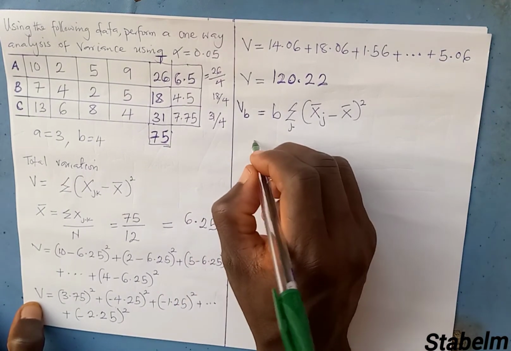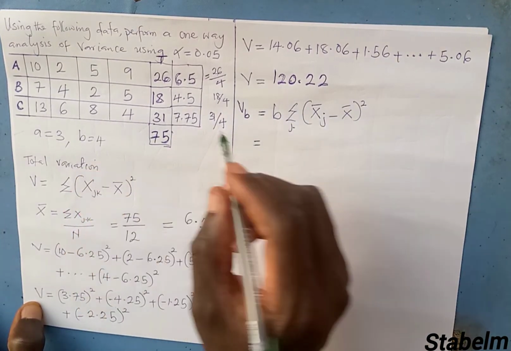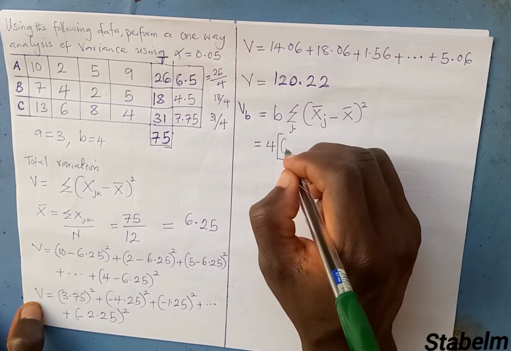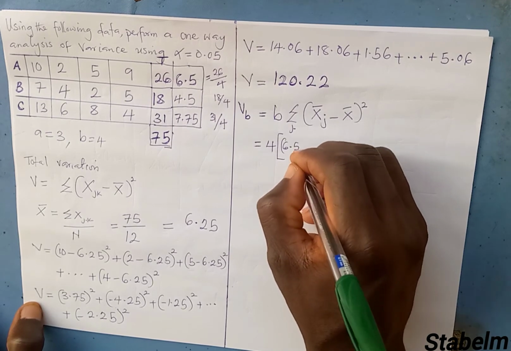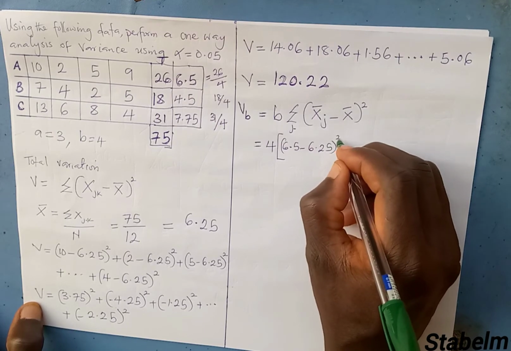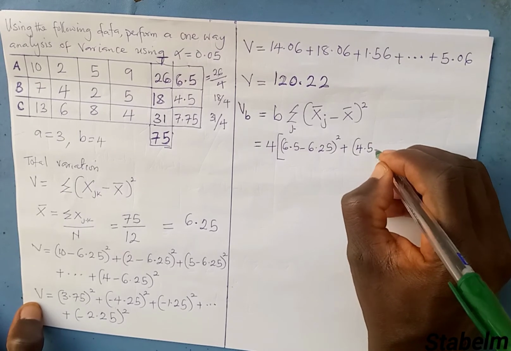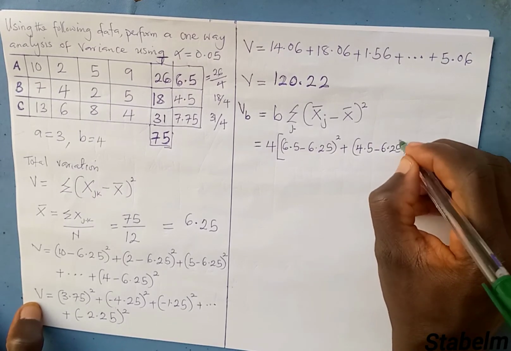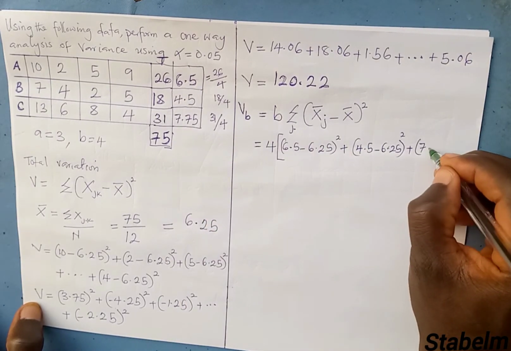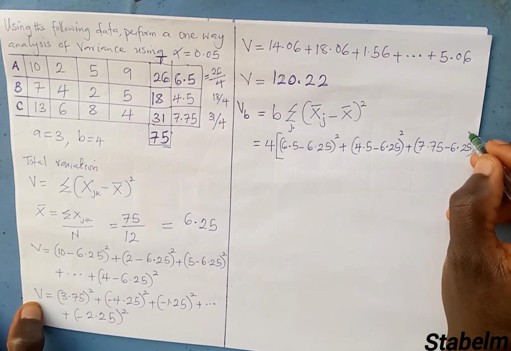And if we do that, don't forget we have b here, and our b is 4. So we have 4 into bracket open, 6.5 minus 6.25 raised to power 2, plus 4.5 minus 6.25 raised to power of 2, plus the last value here, 7.75 minus 6.25 raised to power of 2.